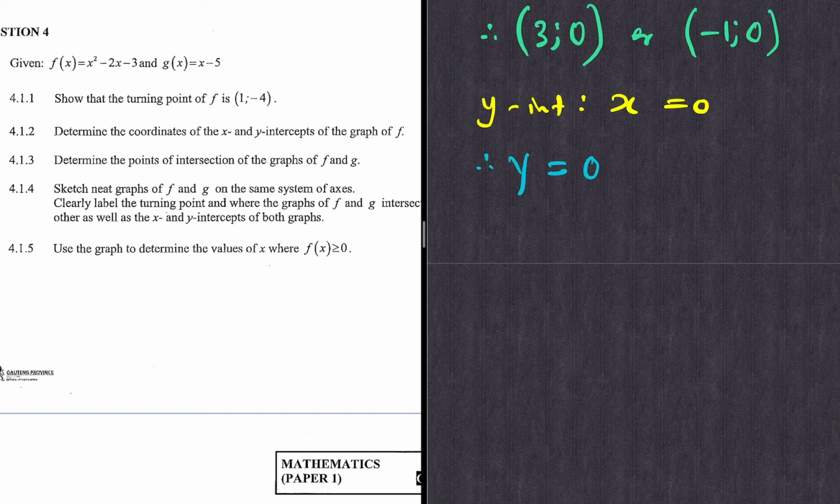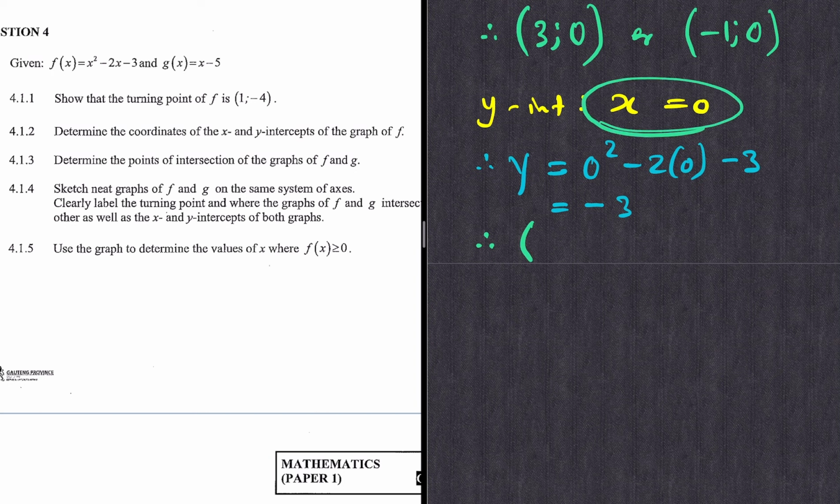I'm going to say 0 squared minus 2 into 0. Then I take away 3 there. Now, if you do it nicely, you're going to get 0 squared, 0. Any number times 0 is a 0. So you have 0 minus 3, which is minus 3. Therefore, the y-intercept is when x is 0 and y is negative 3.